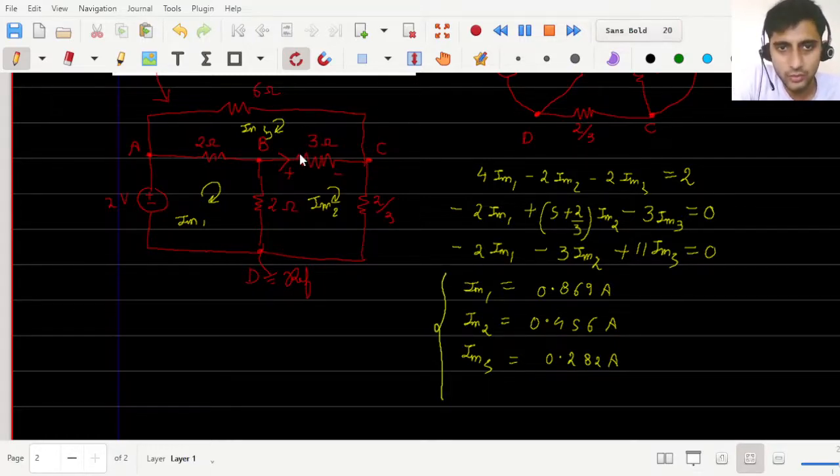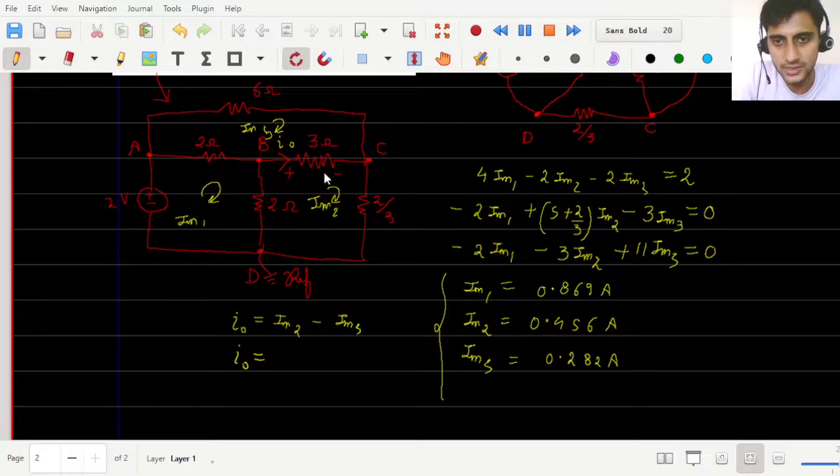And we have to find out what is the current across this 3 ohm resistance. Let me call this as I naught, okay? And applying mesh transformation, you can simply say that I naught can be written as Im2 minus Im3. And what is then going to be the value of this current across this 3 ohm resistance? Im2 is 0.456 amperes minus 0.282 amperes.